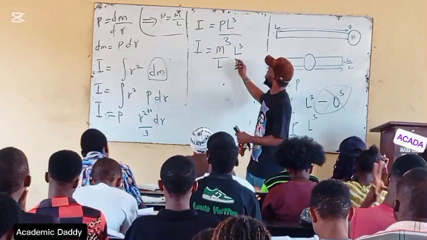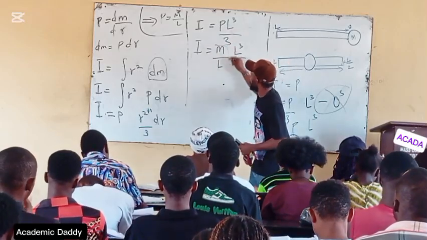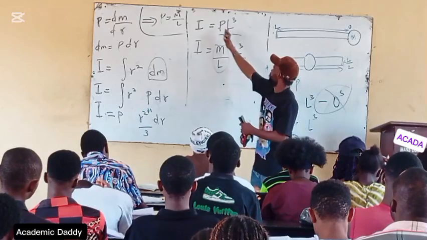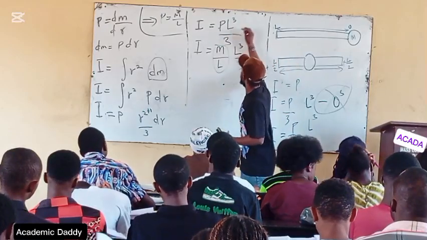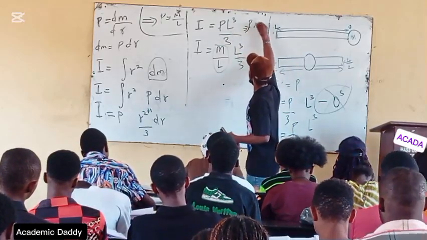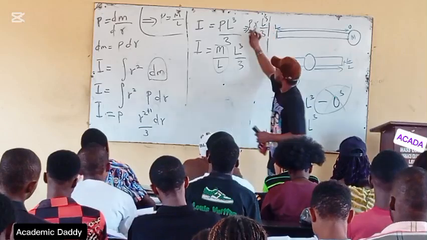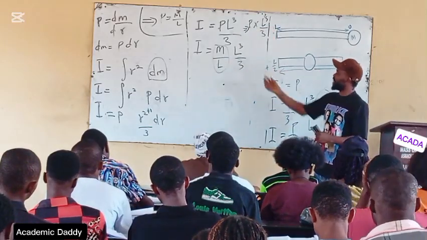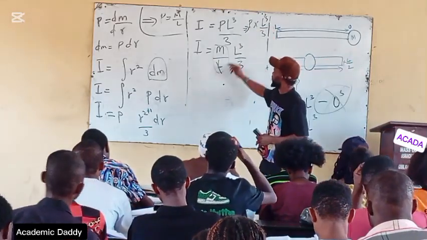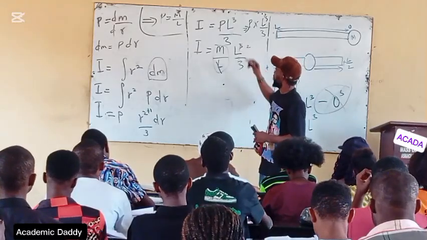Then notice that we have our over 3 coming down. Everything here is our P. And P times this thing is the same as saying P times L cubed over 3. Then you see that by the time you have this, you can easily say cancel, cancel, shall we? So I have 2.